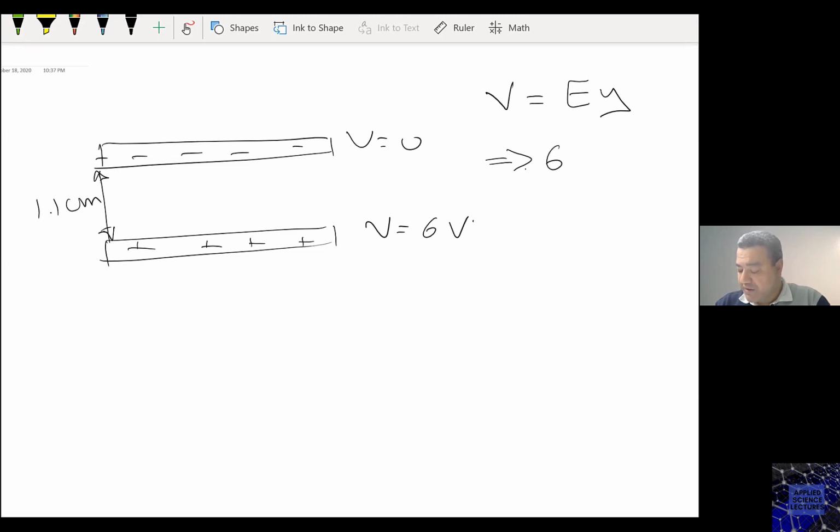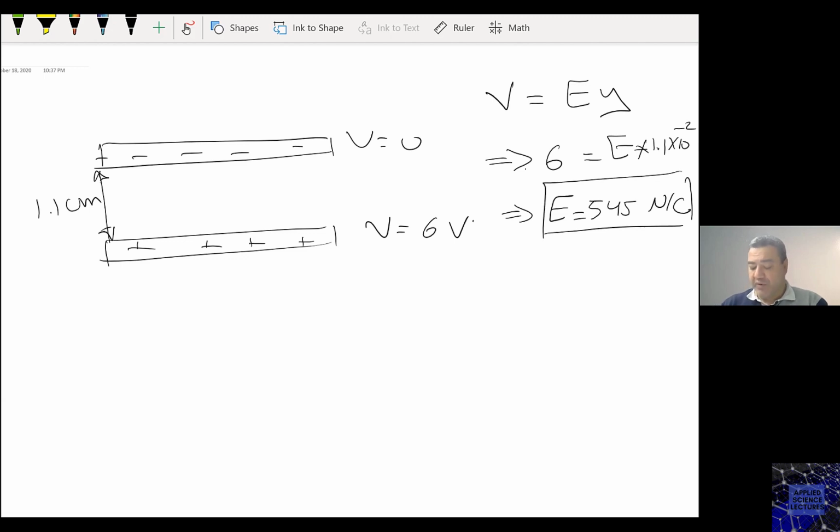So we have 6 equals E times 1.1 times 10 to the power minus 2. Then the electric field is 545 Newton per Coulomb. And the electric field is pointing from the positive toward the negative. So this is the electric field pointing in this direction.